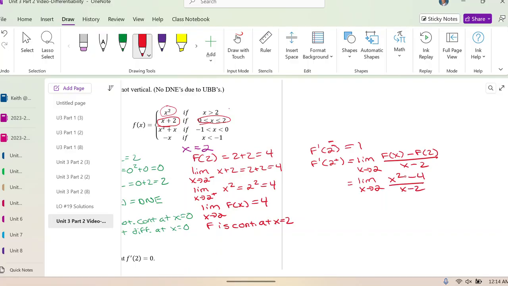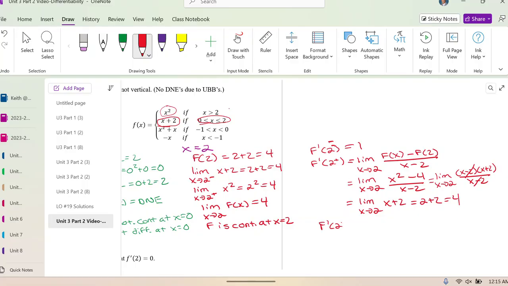And notice if we put the 2 in, it would give us 0 over 0, which is indeterminate. So therefore, let's factor the x squared minus 4. So we get the limit as x approaches 2 of x plus 2. That is 2 plus 2, which is 4. So that means f prime of 2 from the right is 4.